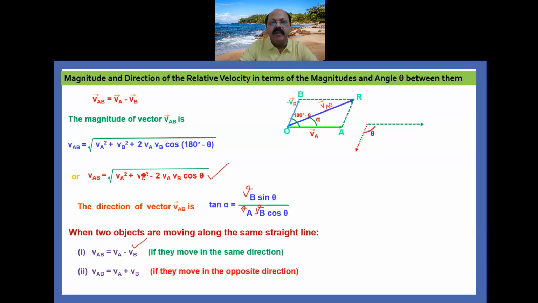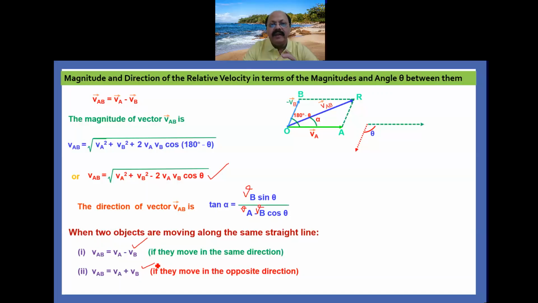This expression becomes VAB equal to under root of (VA plus VB) whole square. Simplify it and you get VAB equal to VA plus VB. It means the train which is moving away from our train appears to move faster than our train. That is because of this concept.